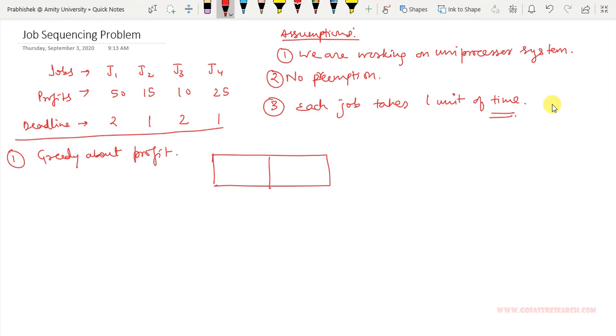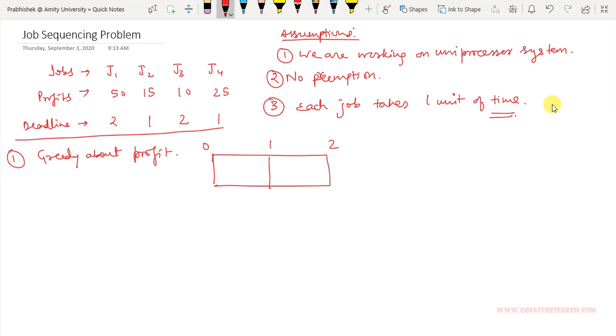Since I told you that the maximum timeline is two, so 0, 1, 2, these are months, as I told you, I have taken the example that these are months. So the timeline is 0, 1, 2. Now, since we are greedy about profit, we will execute first the job which has the highest profit. The highest profit is of J1. So J1 will be executed in the first month, and its deadline is 2.